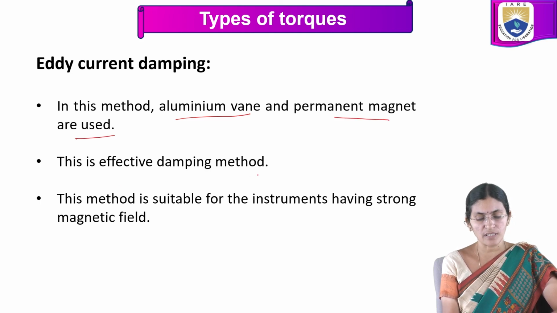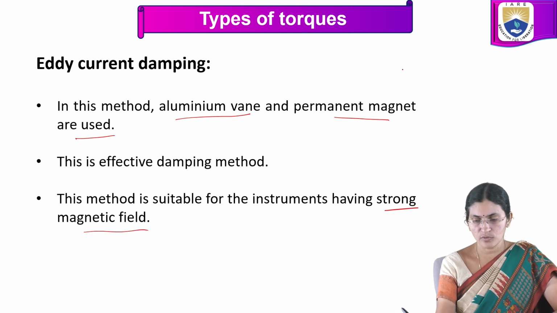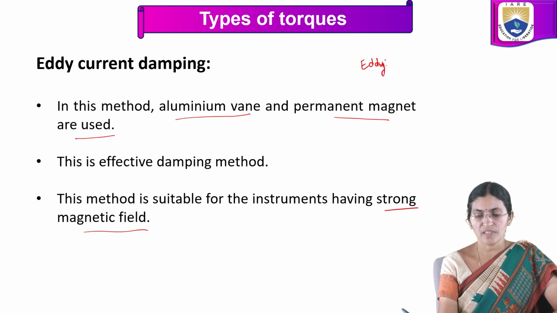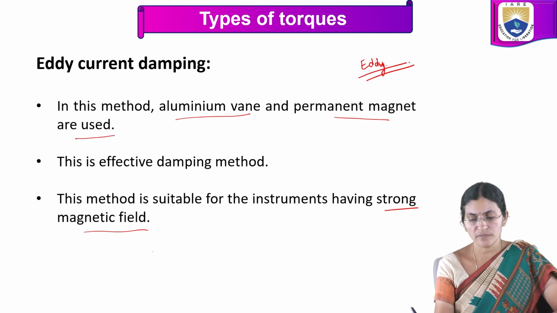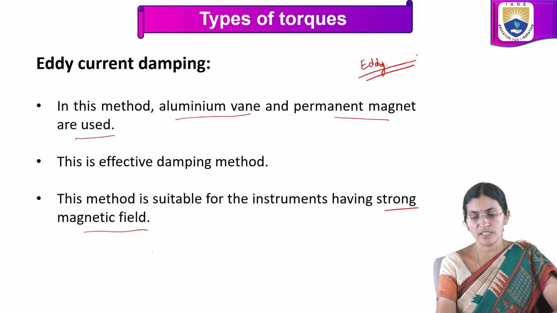This is an effective damping method. This method is suitable for the instruments having strong magnetic field. Among all the different methods available for damping, eddy current damping is the most efficient one. This method is useful where we have a strong magnetic field, whereas if the magnetic field is weak, we can use air friction damping method.